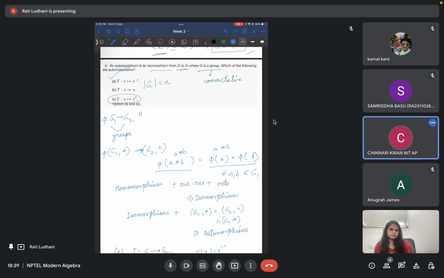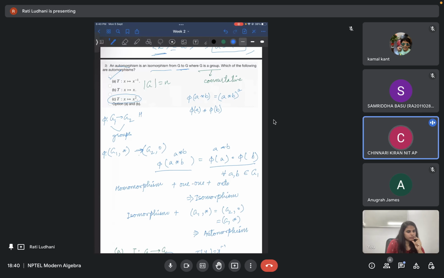Phi of AB is equal to phi of A square into phi of B square. Yeah, that is a problem. Phi of A star B, if you take, that is A star B square, and phi of A. Oh, no. So what you are saying, this is not a homomorphism.